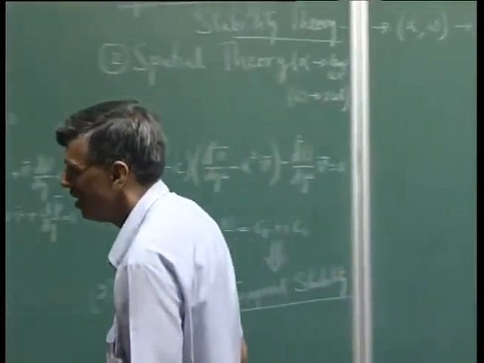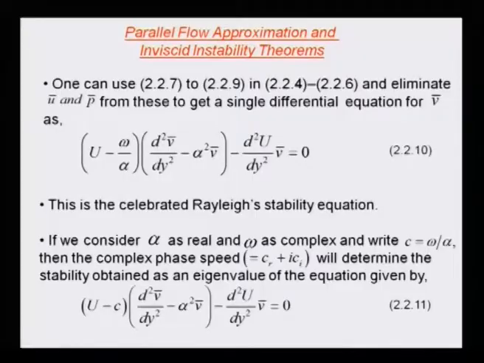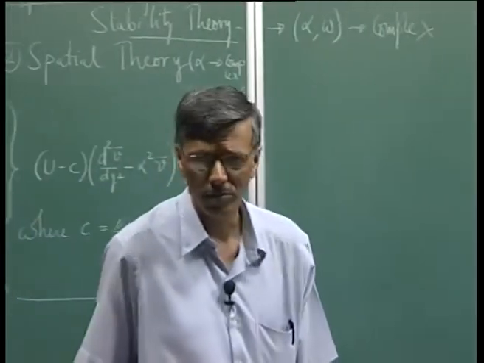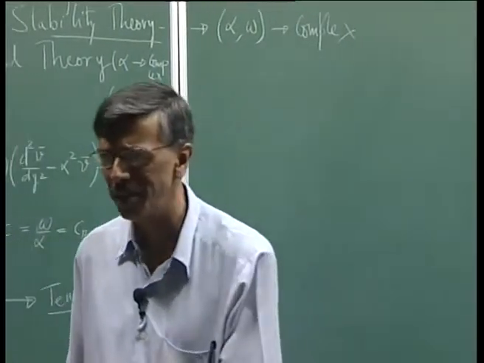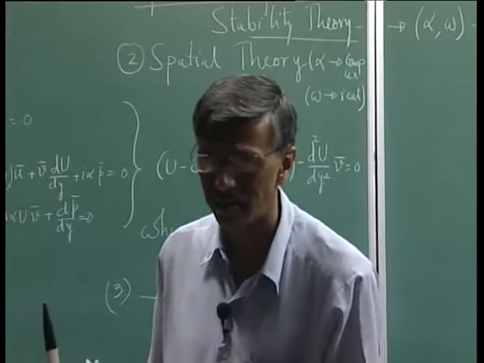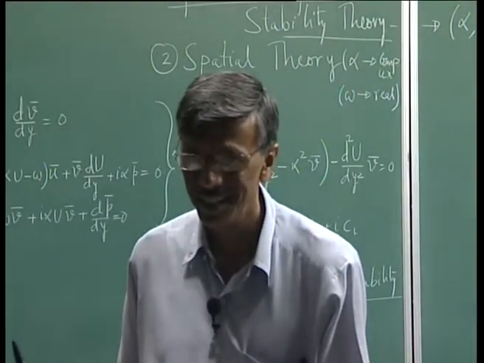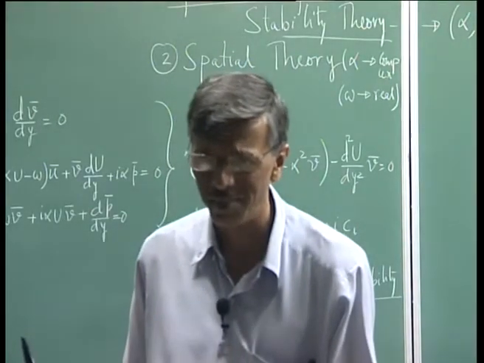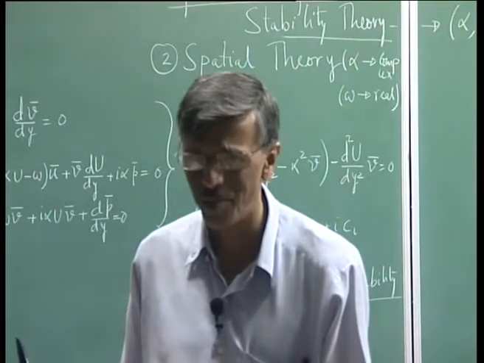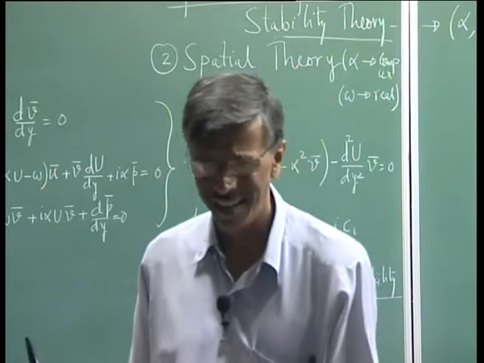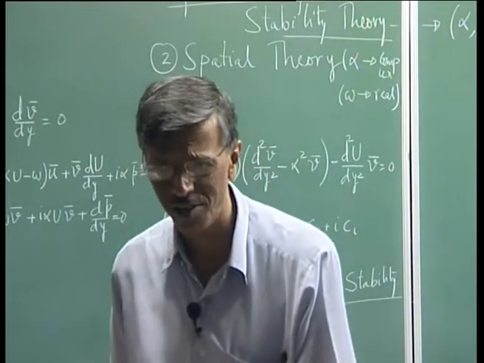First and foremost, you do not have an analytical expression for U. U is what? It is the equilibrium flow that we assumed to be parallel. That means it is only a function of y. How do you get it? Imagine this is Rayleigh's time. Prandtl had to come out with his boundary layer theory later, another 40 years downstream.